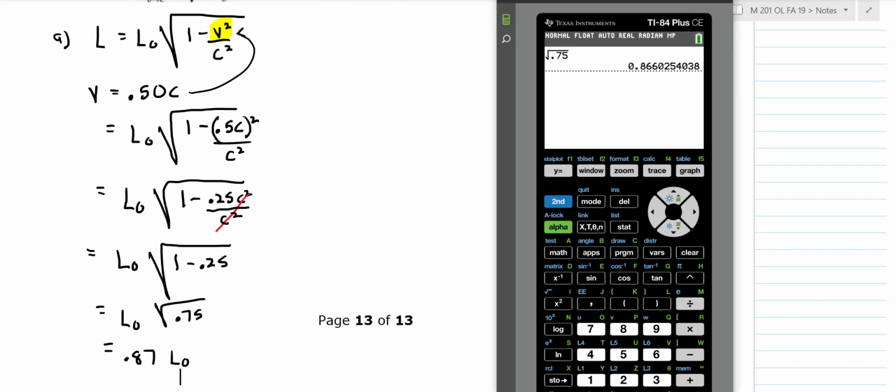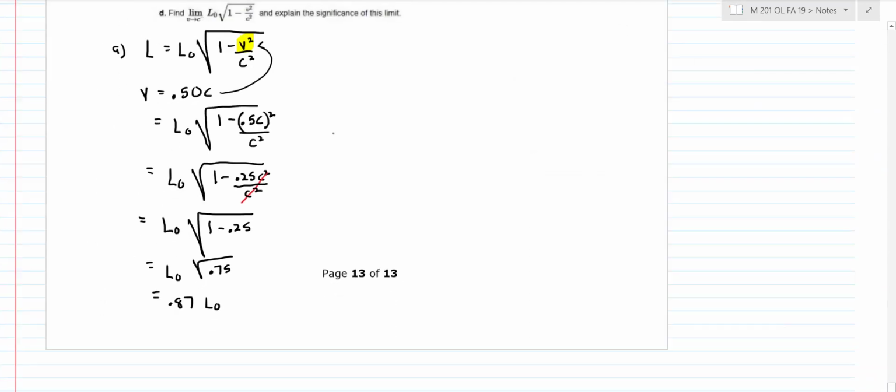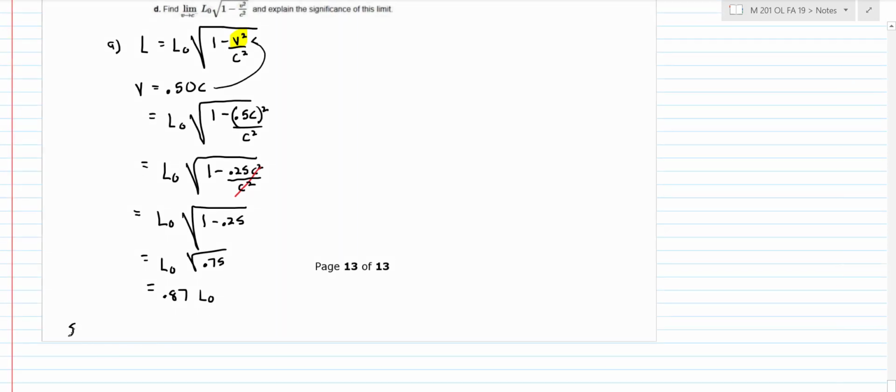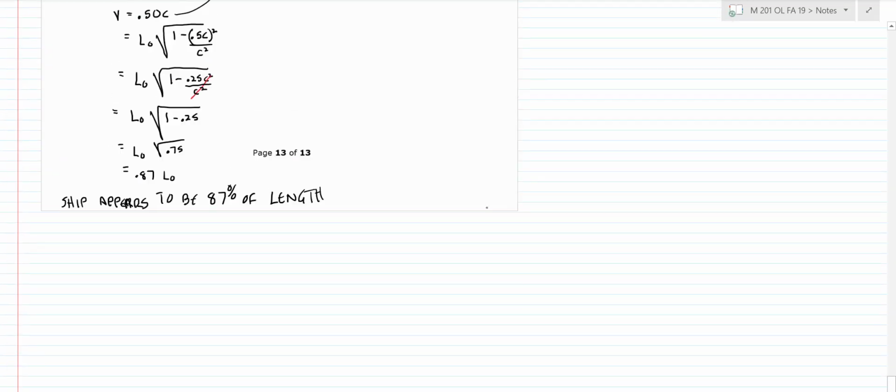What this means is that the ship appears to be about 87% of its original length, of the actual length that we measure if that spaceship was at rest. Okay, so that's how that goes.